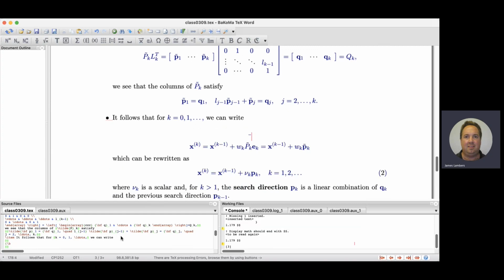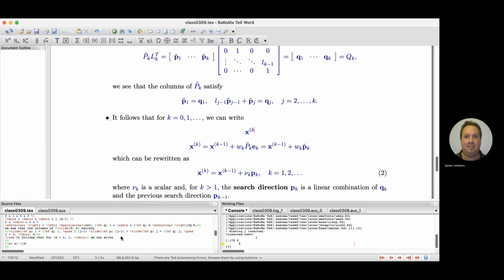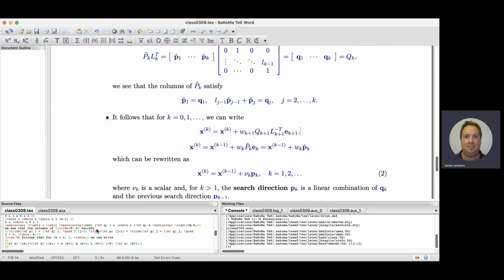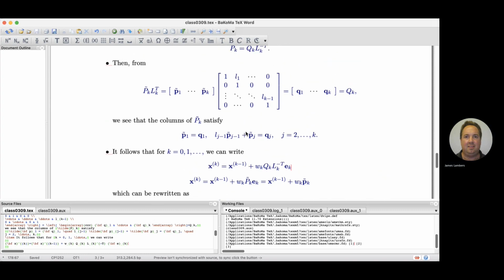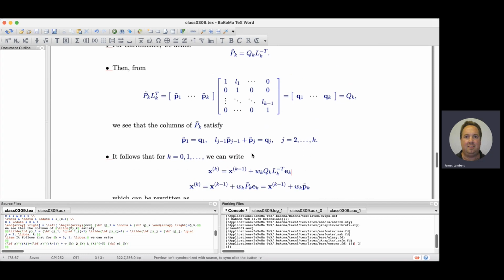All right, so I have x_k is equal to, all right, I need to edit this first. So I'm going to reduce all the indices by 1. All right, so I have this from what I had on the previous page, but Q_k L_k inverse transpose, that's P_k tilde.